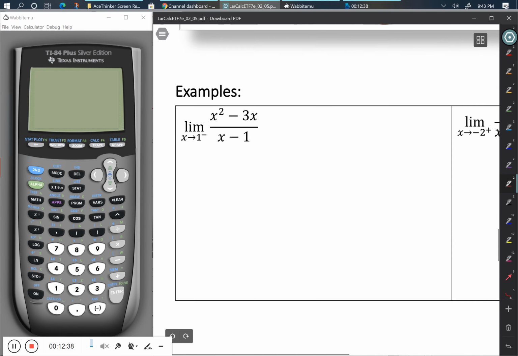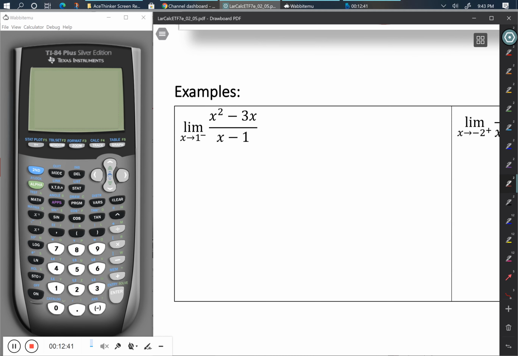So, what does calculus tell you about these? What is the limit as x approaches 1 from the left of x squared minus 3x divided by x minus 1? Direct substitution says, plug in 1, see what happens. That's going to give me 1 minus 3 divided by 1 minus 1. That's negative 2 divided by 0.